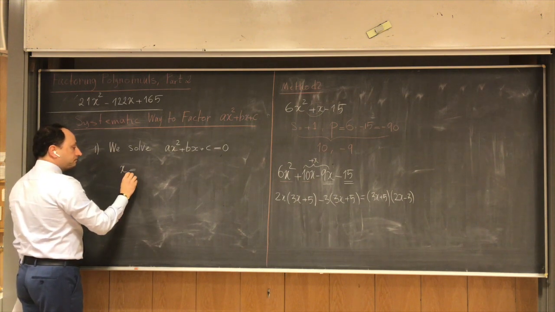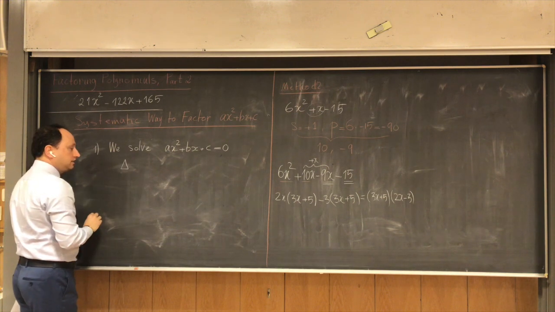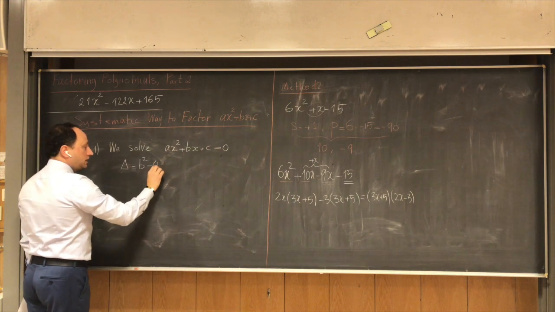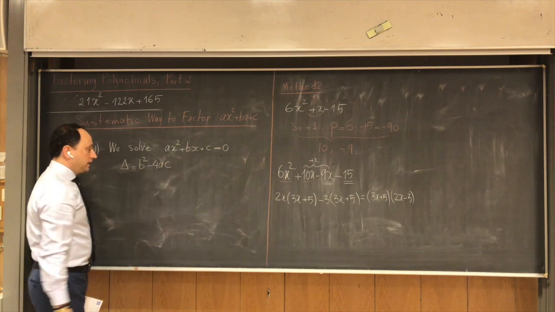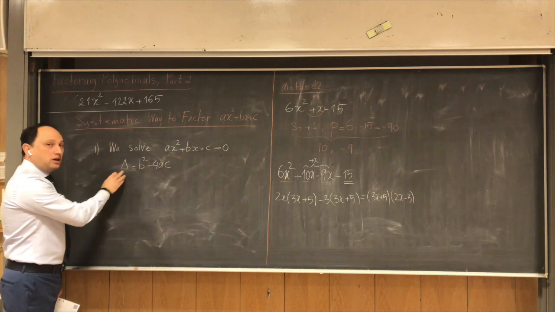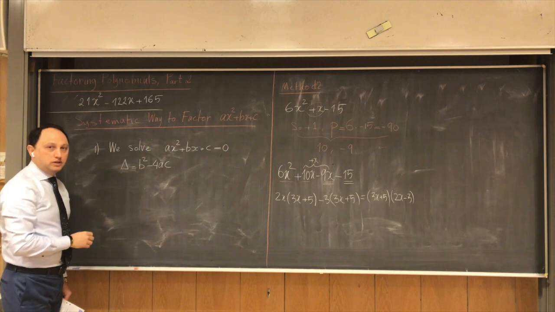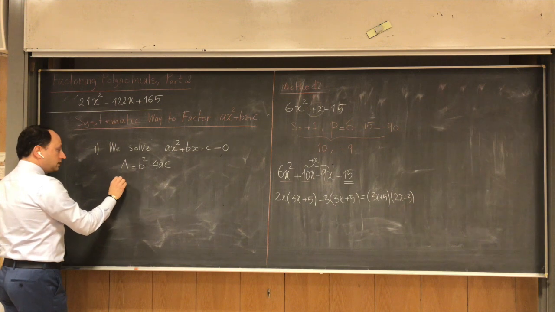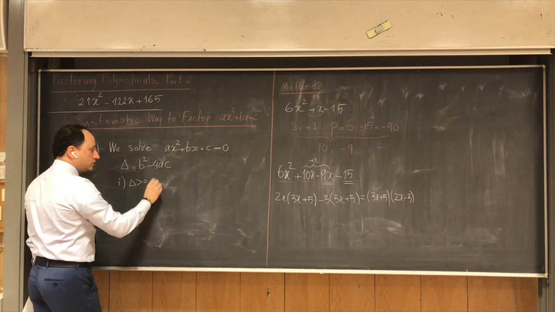Let me remind you in this way. We have delta. Delta has one formula, b squared minus 4ac. This delta is a number. It might be negative, positive, or 0. So if delta becomes positive, then I will have two roots.